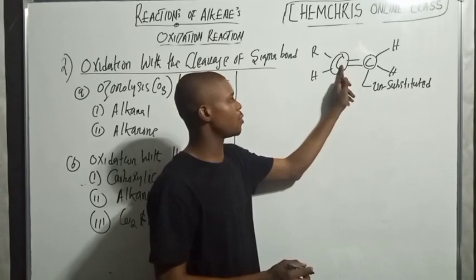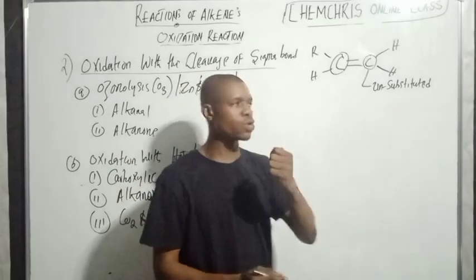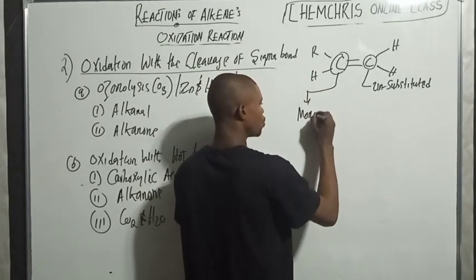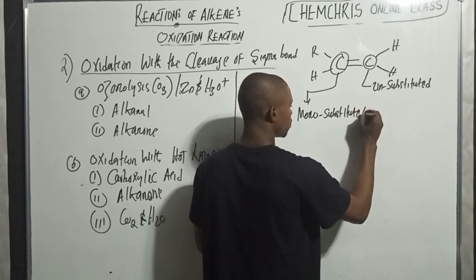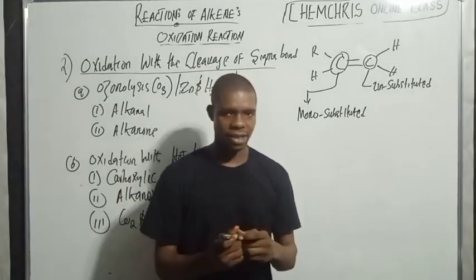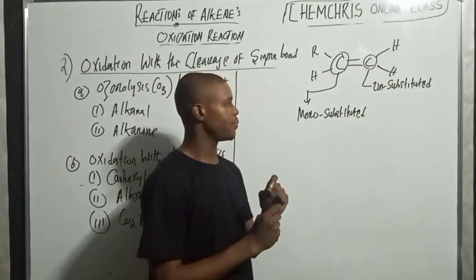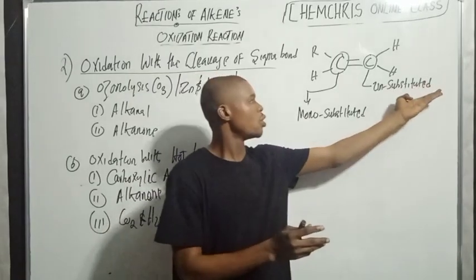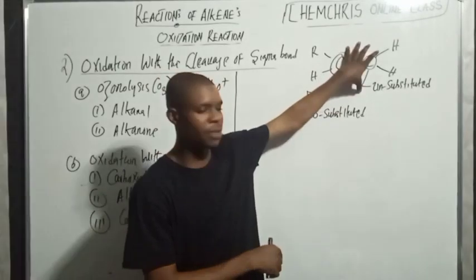When this carbon atom carries only one substituent, one alkyl group, it's known as a monosubstituted alkene. Do you understand? So the two are not the same.